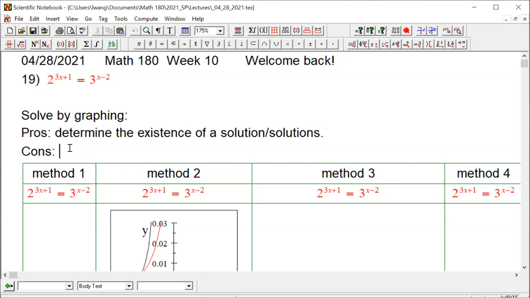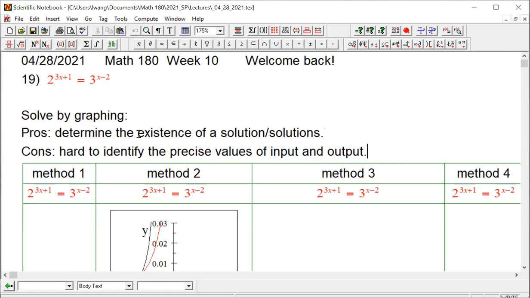The con is that it's hard to identify the precise values of input and output. But oftentimes determining the existence is very important too.